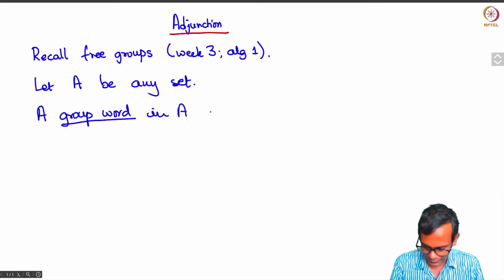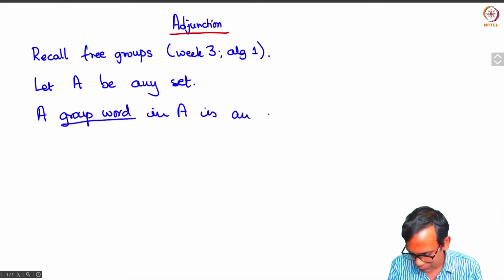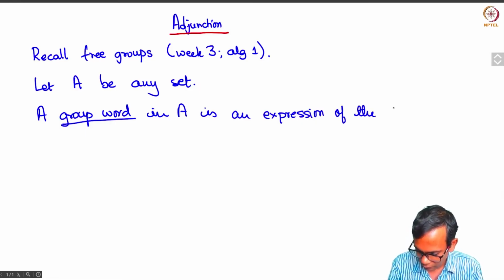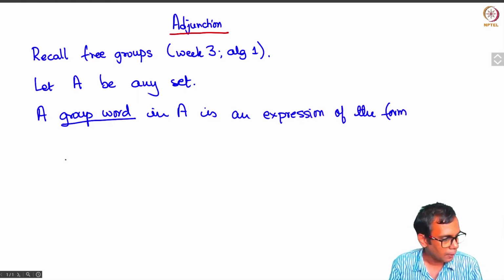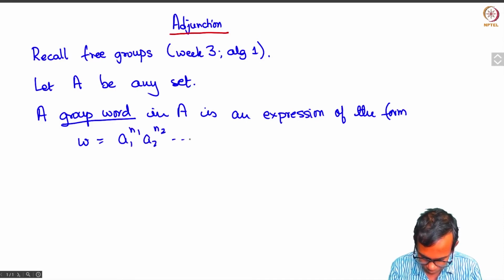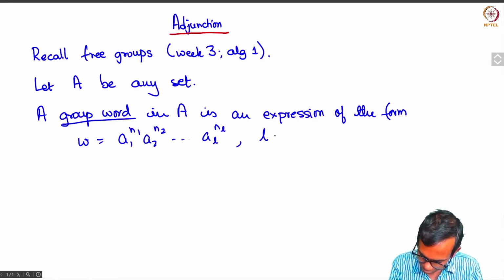So a group word in A is an expression of the form W equals A1 to the power N1, A2 to the power N2, ..., AL to the power NL, where L is any non-negative integer.